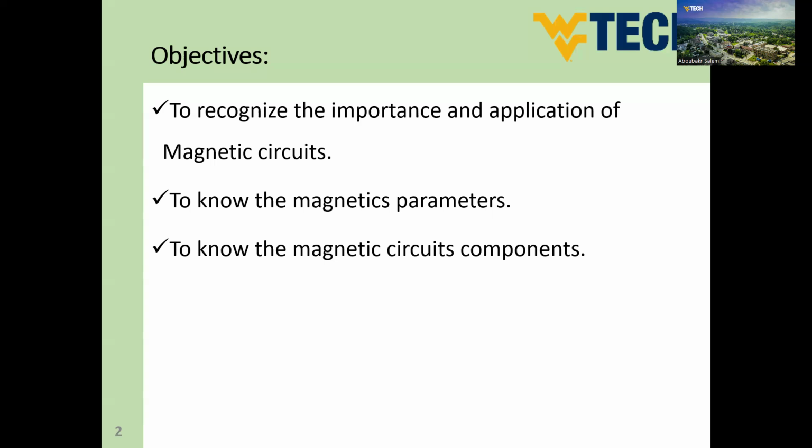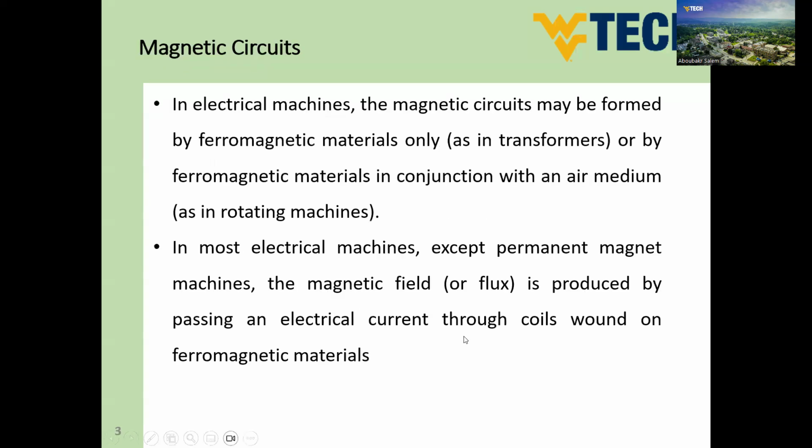So let's start, guys, from the basics you learned about magnetics and what is the importance of magnetics. Firstly, magnetic circuits. Why do we need to know magnetic circuits? The magnetic circuit, guys, is the basic component of any electrical machine.